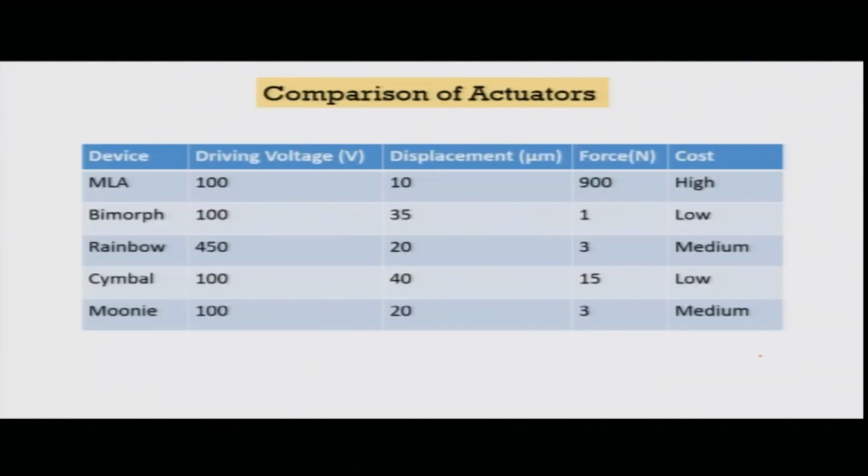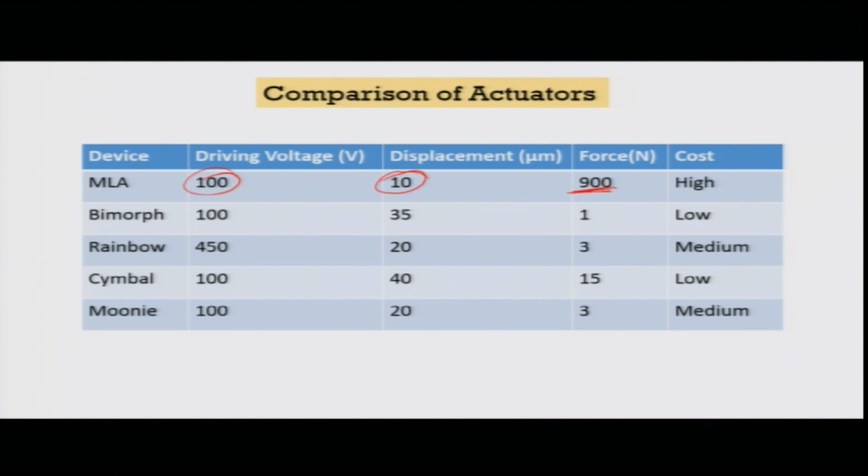If I now compare the performance of such actuators, the first one is the MLA type of actuator, where the driving voltage is about 100 volt, displacement is 10 micrometer, and force is about 900 Newton.